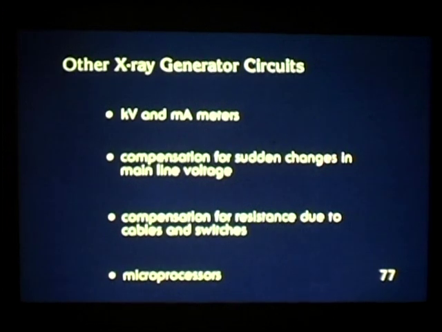Microprocessors, small computer circuits, are used for many purposes in newer X-ray generators. They can be used to time exposure, determine heat loading, and to pre-program kVp and mA settings. You should at least be aware that these circuits exist, but we will not cover them in detail.